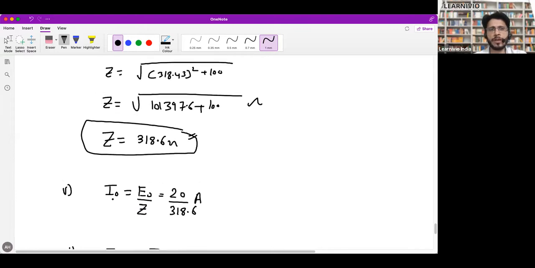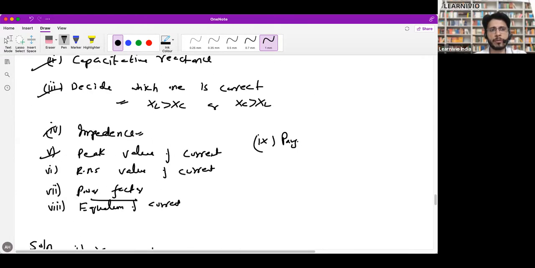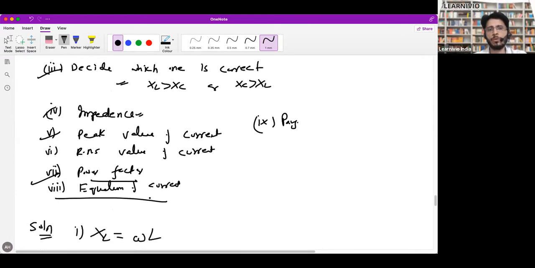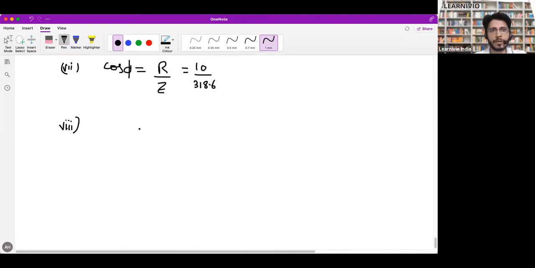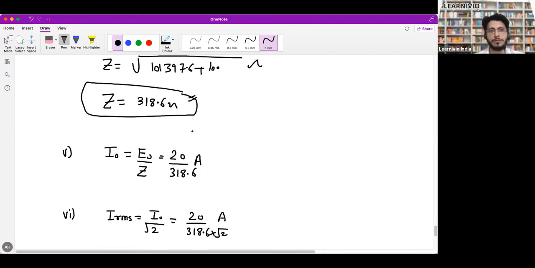After cos phi, power factor is done. I need the equation of current. Equation of current is I naught sine omega t, but you have to decide whether it's plus phi or minus phi. Which circuit is this?